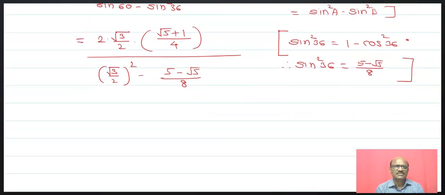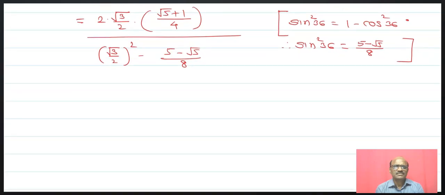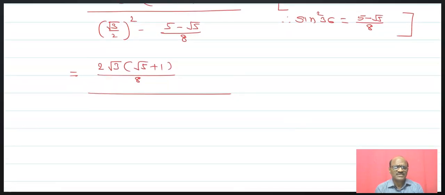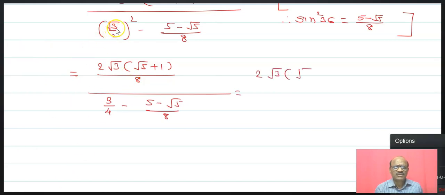Now see this. These are the values. Now normal multiplication is here. Their denominator is here 8, and to the denominator the square of this term. Now see this, the square of root 3 upon 2 means 3 by 4.